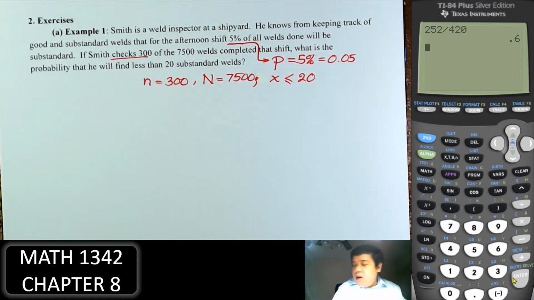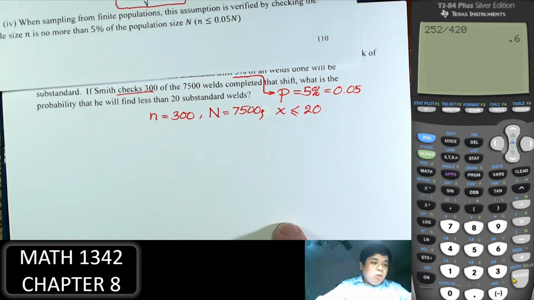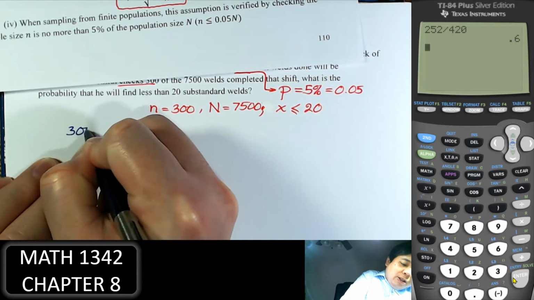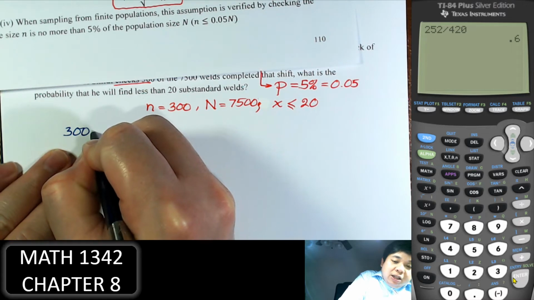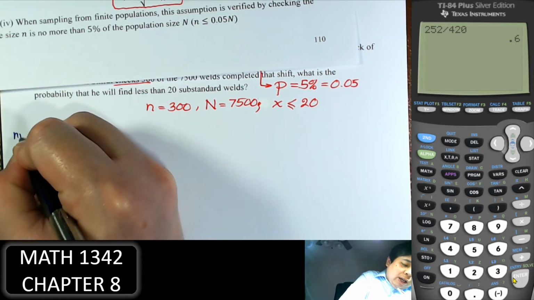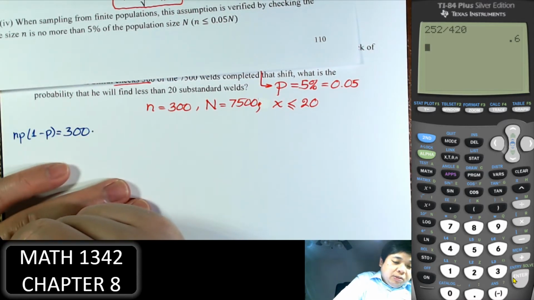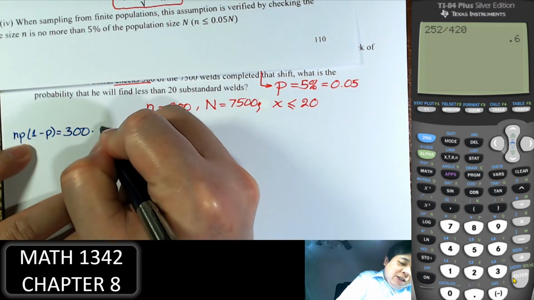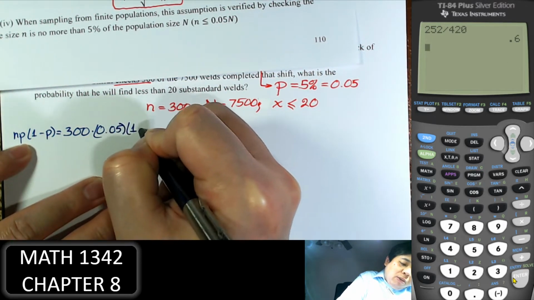First of all, let's check the assumption. n times p times 1 minus p. n is 300 times p, and 1 minus p, so 300 times 0.05 times 1 minus 0.05.